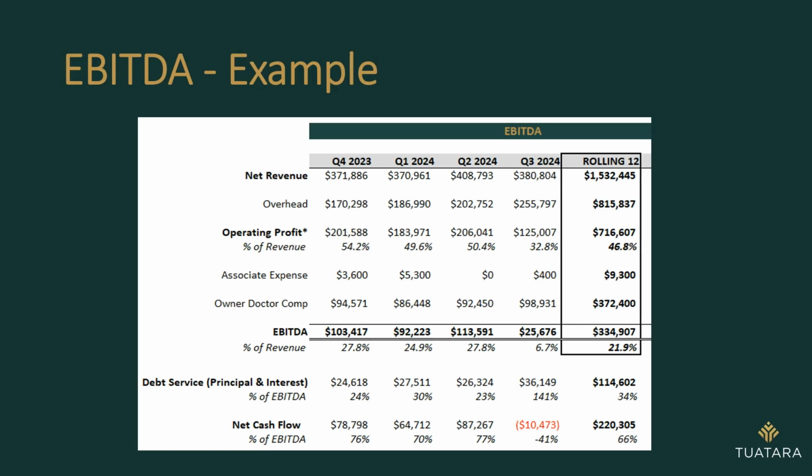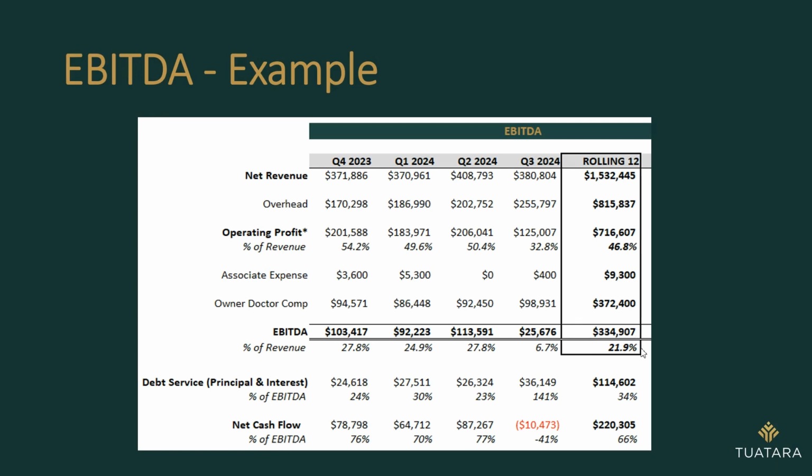This comes right out of our QFR EBITDA reporting, for those of you that have watched that video or are familiar with our offerings there. You'll note, as we were just walking through, that EBITDA includes a call out for the associate or owner doctor comp. So you can see in this example, the owner has paid themselves, quote unquote, approximately $372,000, as if they were compensating themselves as an associate. And we do that before considering the EBITDA.